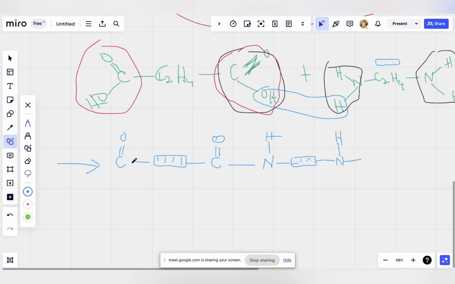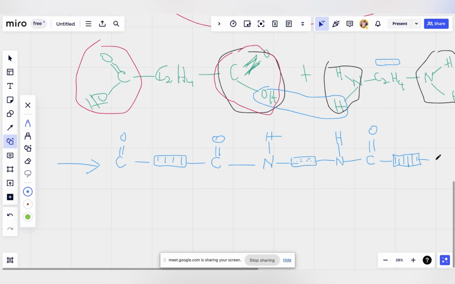Then it goes back to where you started from. It's linked again to where you started from. So we say C, double bond to O. No more OH. Remember, the OH has been used to form water. And then to the block for the carboxylic acid, what we use to represent the carboxylic acid, other molecules except the functional group.